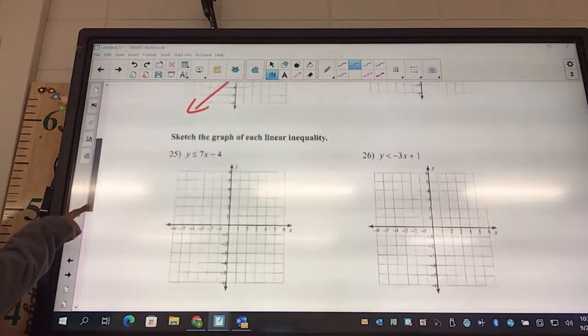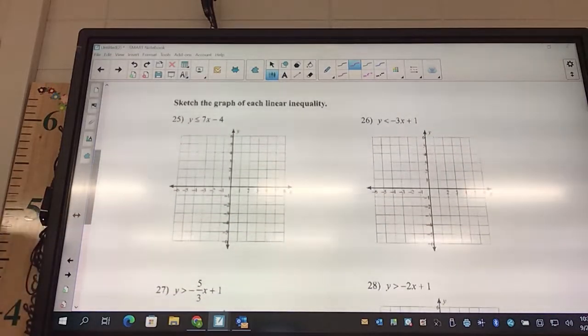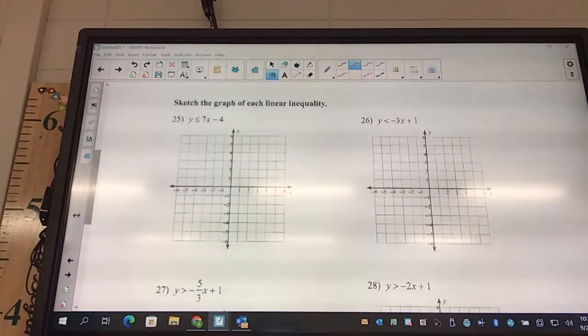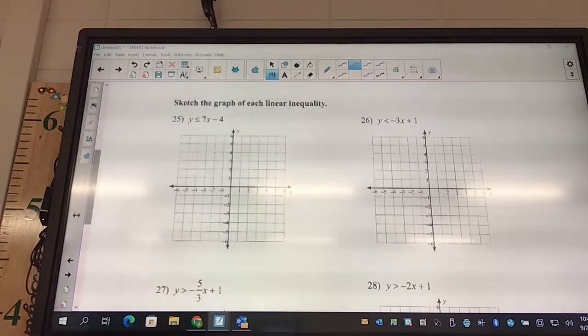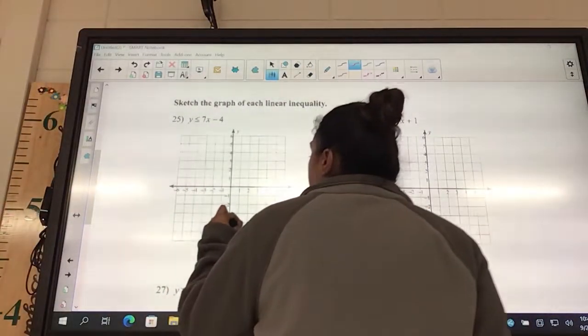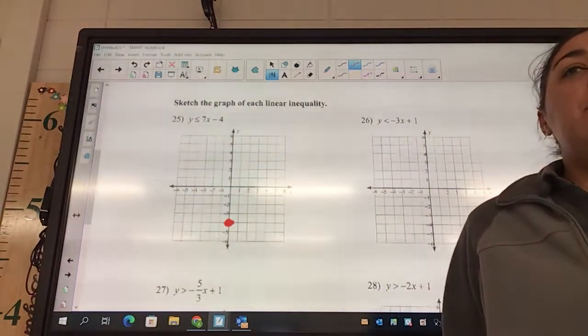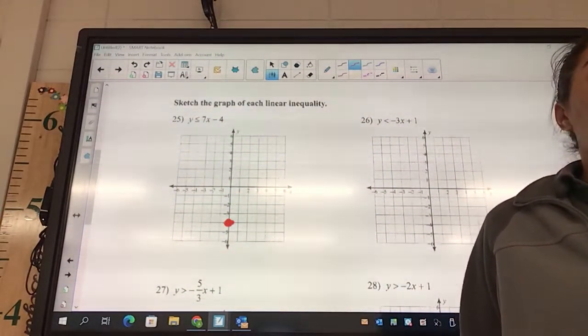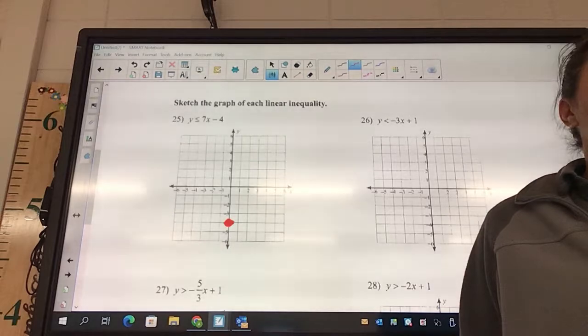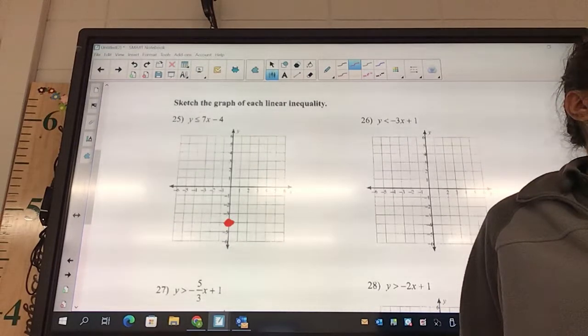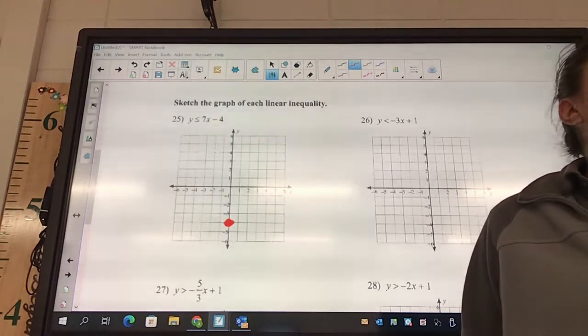Okay, sketch the graph of each linear inequality. So we're going to start out and we graph them just like we did. So we start with the -4. Is this line positive or negative? Positive. How do we do the slope? Says 7. How do I do that?